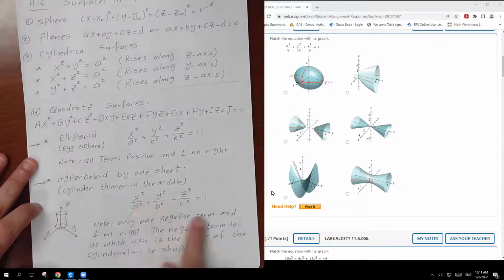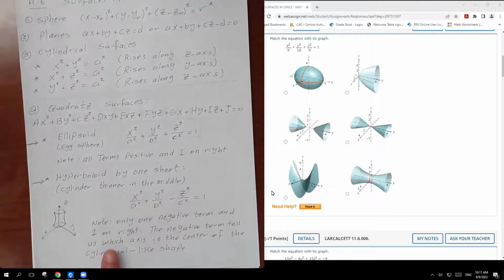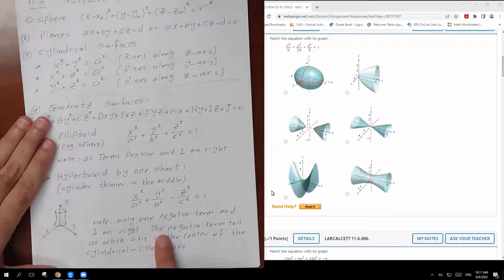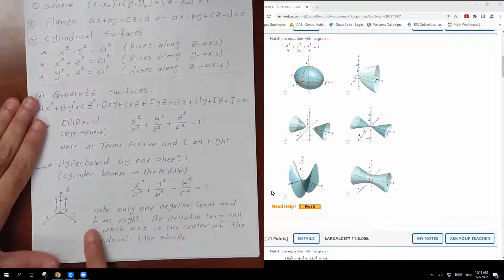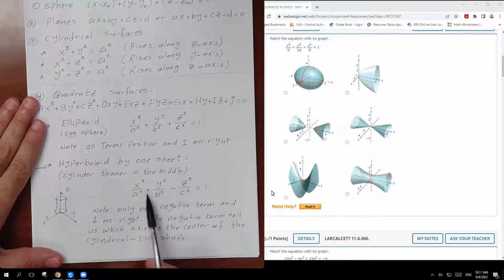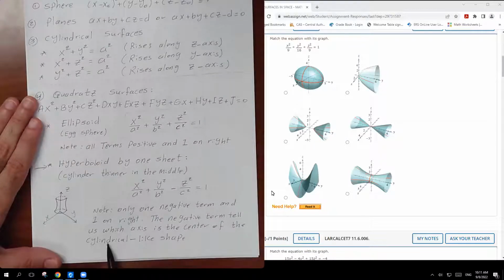So check, here's the general form. Note that there is only 1 negative term and 1 on the right. If you look at the terms, only 1 negative term. It could be this one, could be this one, or the x, doesn't matter. But 1 negative term and 1 on the right. The negative term tells us which axis is the center of the cylinder.